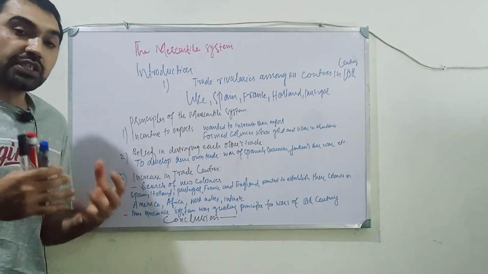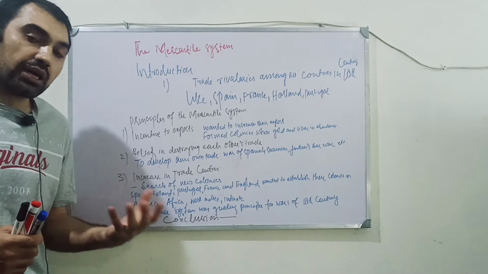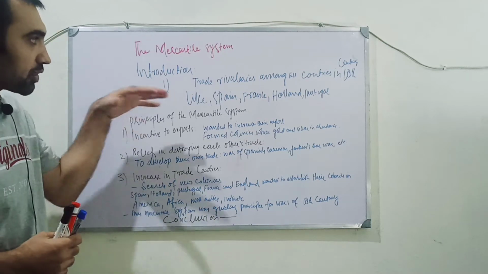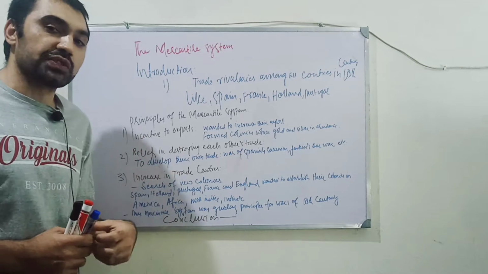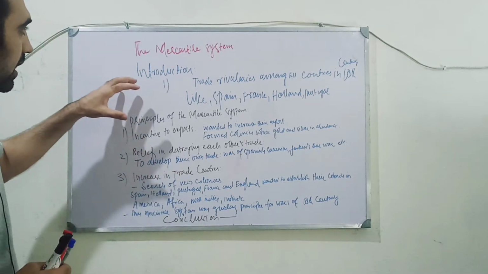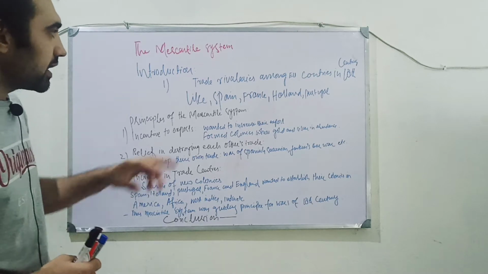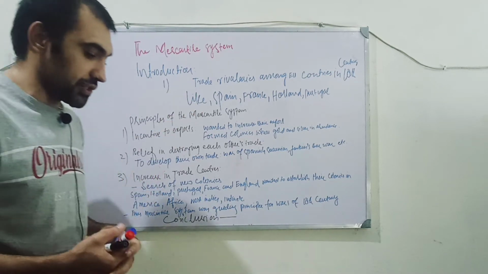What was the reason behind those wars? We will talk in detail about all those wars and the importance of the system, as well as what this system was. An introduction, if we see: trade rivalries between European countries in the 18th century.